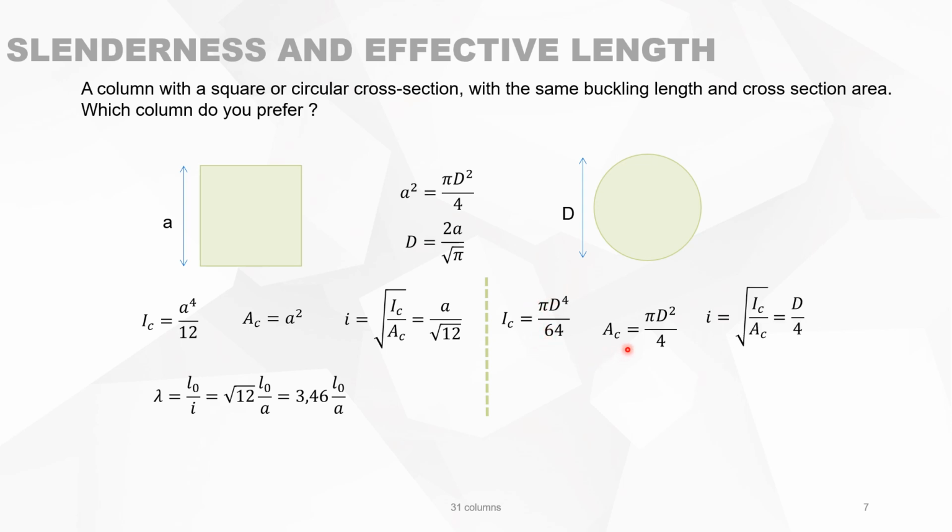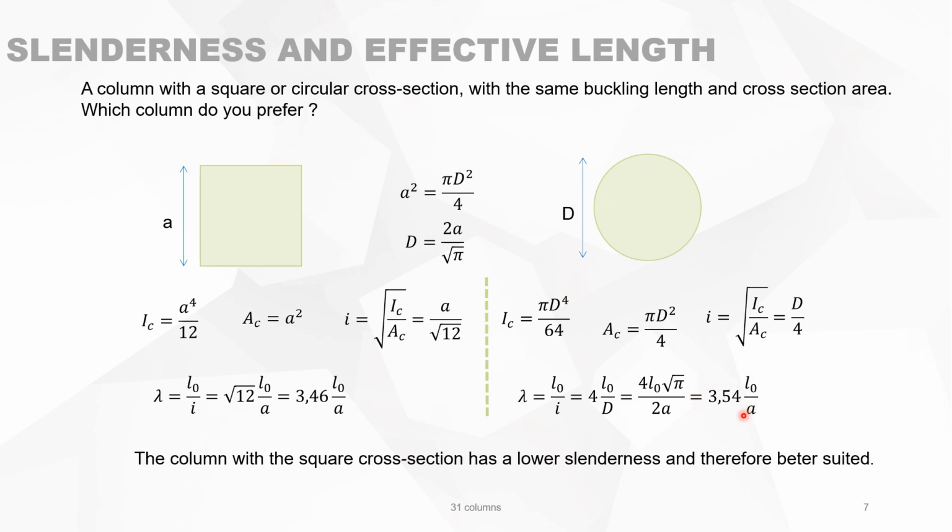The cross section is pi D squared over 4, and the radius of gyration is D over 4. Then lambda equals L0 over i, and when we substitute all the different values in it, and we have to substitute D, which is equal to 2a over square root of pi, because the cross section is equal, we obtain 3.54.